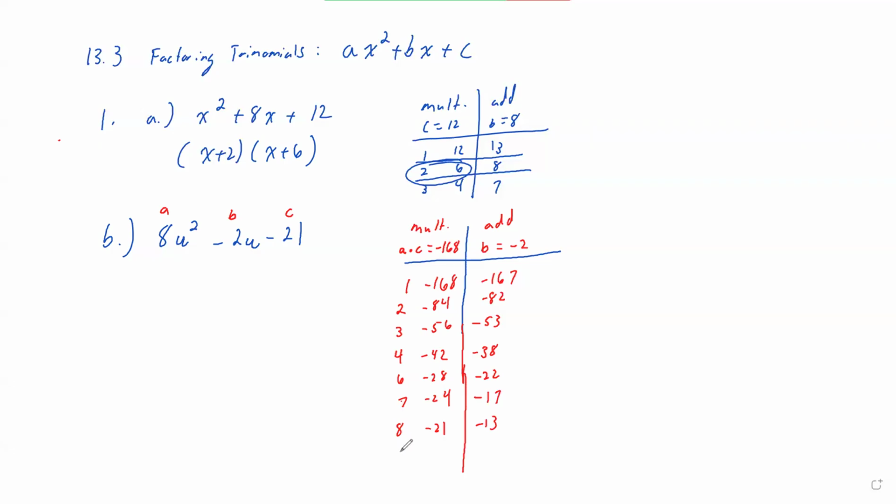That's not going to work. It has to be a whole number. So we tried 10. Nope. Let's try 11. Nope. Try 12. Ah. 12 minus 14. Negative 2. There's finally our winner chicken dinner.